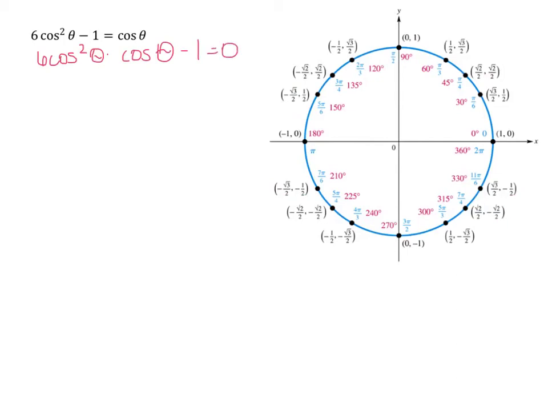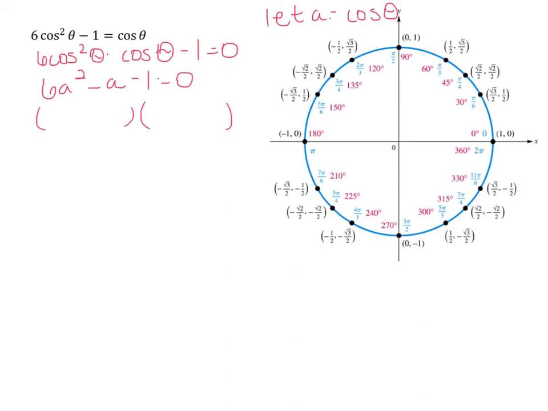And what I will do on a problem like this is I will let a equal the cosine of theta, because now I've got 6a squared minus a minus 1 equals 0. And that makes it a little bit simpler for me to factor.